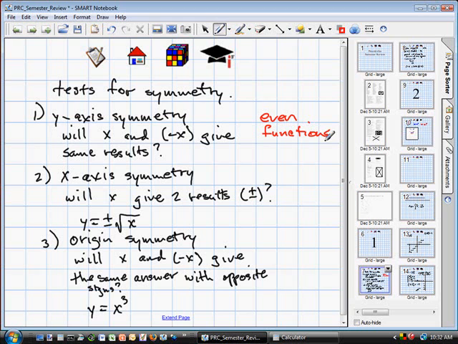Those are even functions up there. And down here, it doesn't have a special identifier like these two do. It's simply x-axis symmetry. There's nothing analogous that fits there.